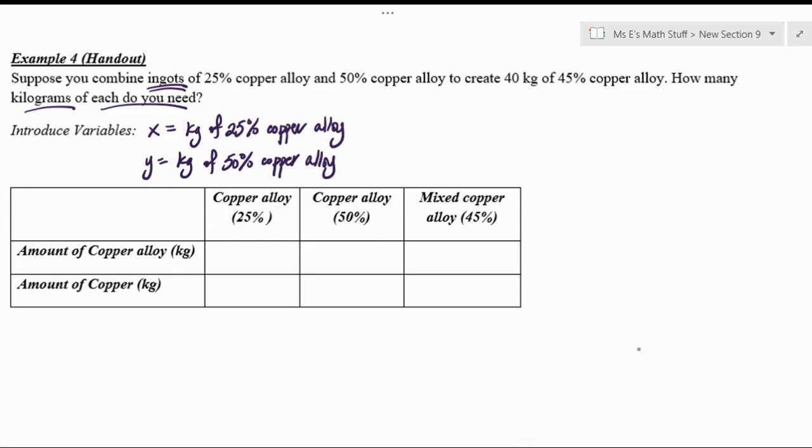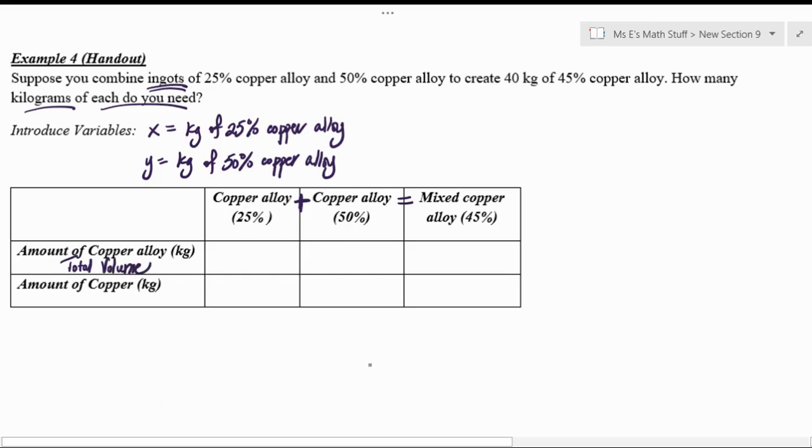First, let's think about the relationship at the top with the labels. If you take the amount of one copper alloy and add it to the amount of the other type, that's the total you have. We're not worrying about how much is copper, just the total volume.